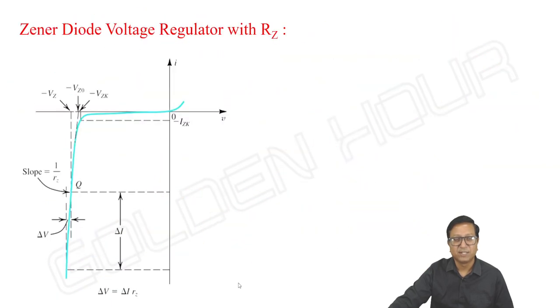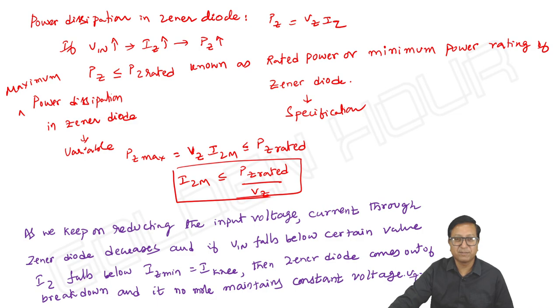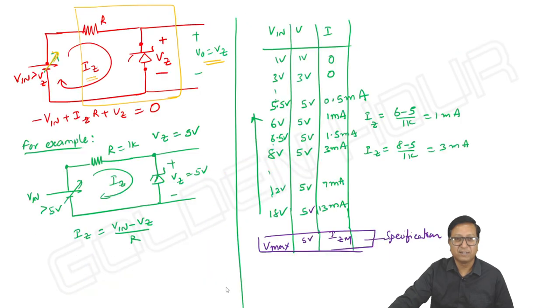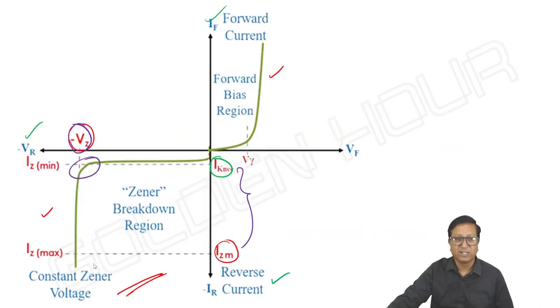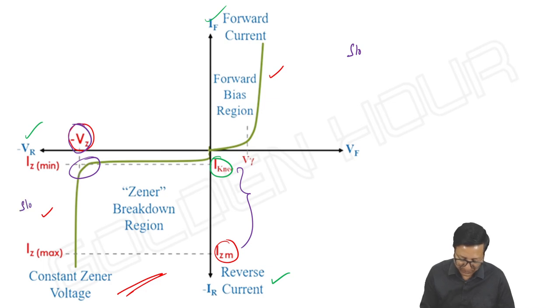Then one more point. See, here I showed with a perfect vertical line, the characteristics. Okay. So what is the slope of this vertical line? That is infinite. I can say the slope is equal to delta Vz by delta Iz.